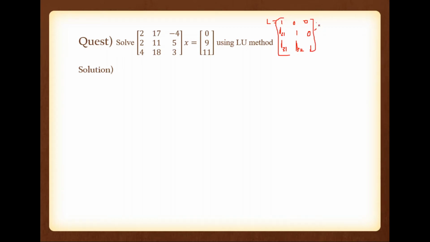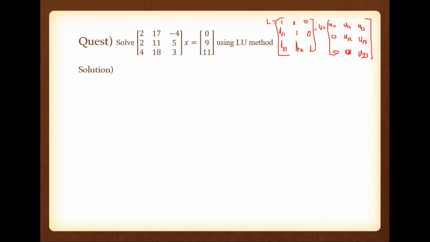U is equal to U11, U12, U13, 0, U22, U23, 0, 0, U33. So this is U.